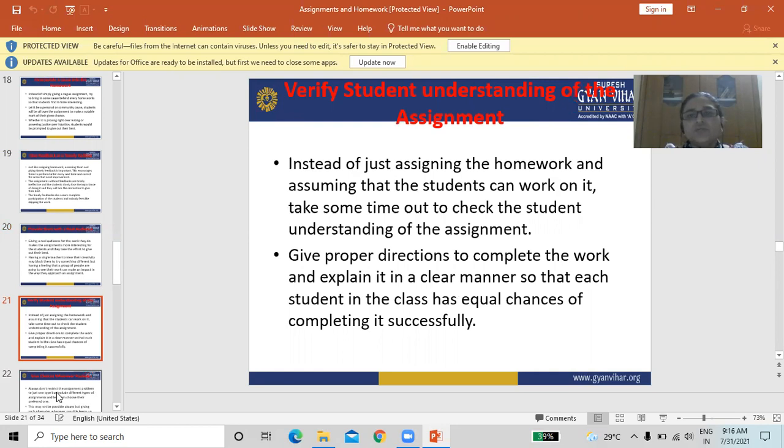Verify student understanding of the assignment.